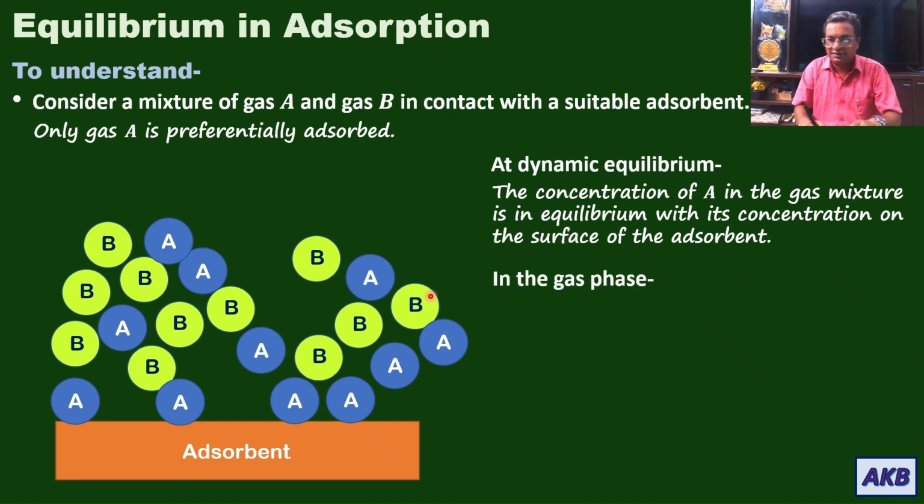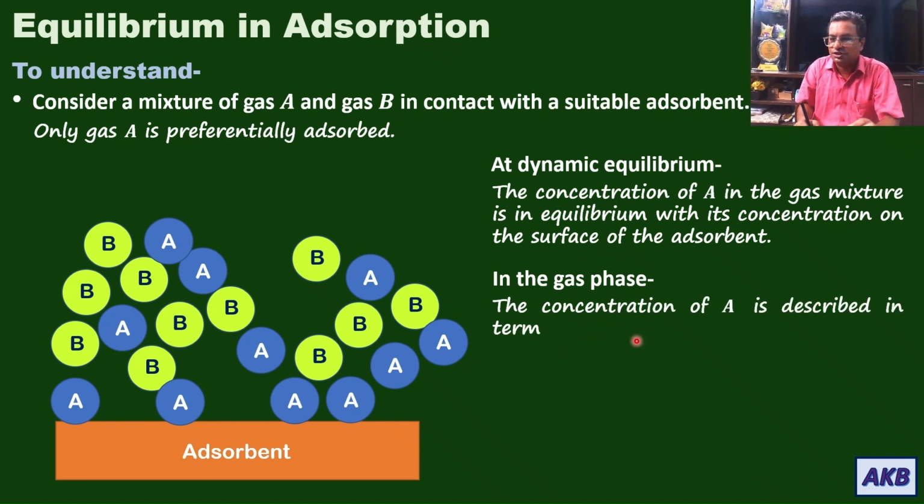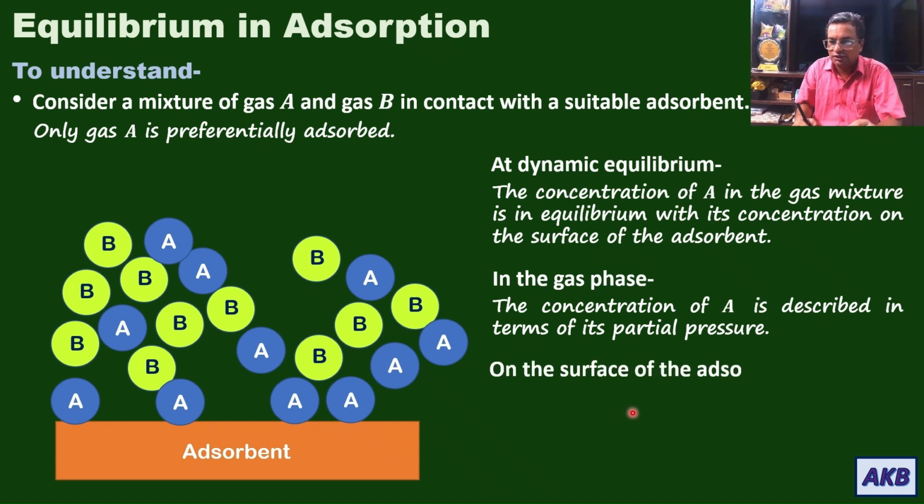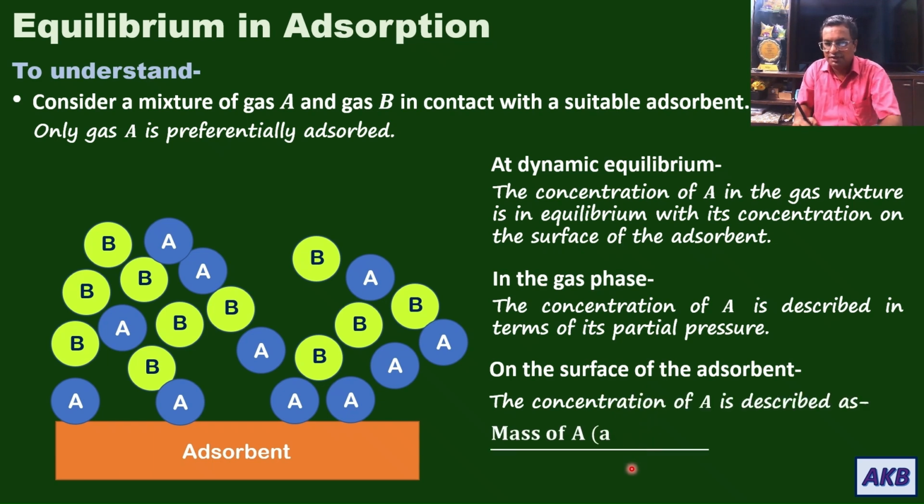And in this case, since we have considered a gas mixture, the best way of representing concentration is partial pressure. So, in the gas phase, the concentration of A is described in terms of its partial pressure. Whereas, on the surface of the adsorbent, the concentration of A is described as mass of A per unit mass of adsorbent. A is the adsorbate, the substance that is getting adsorbed.